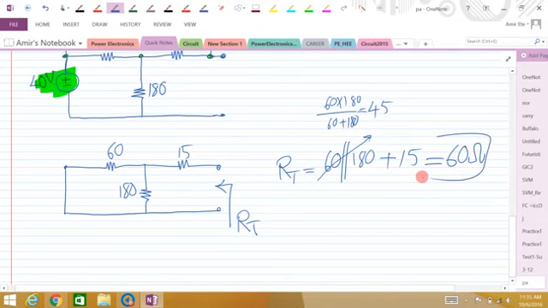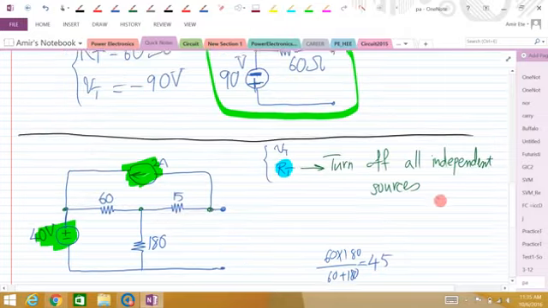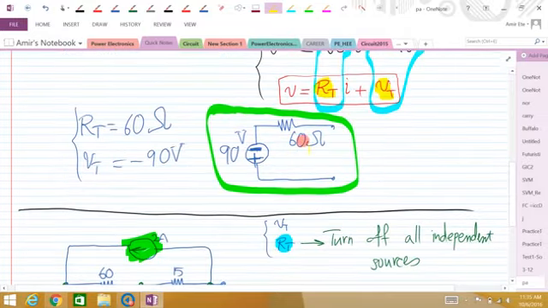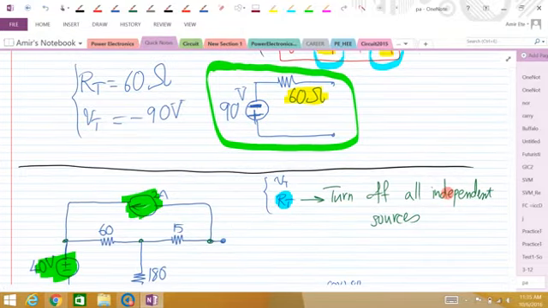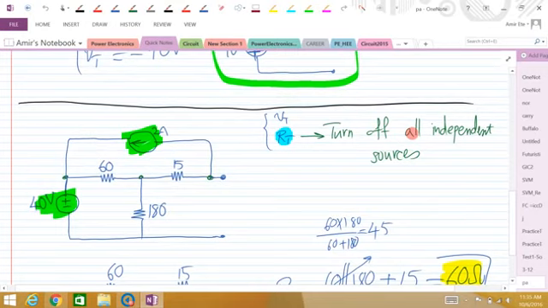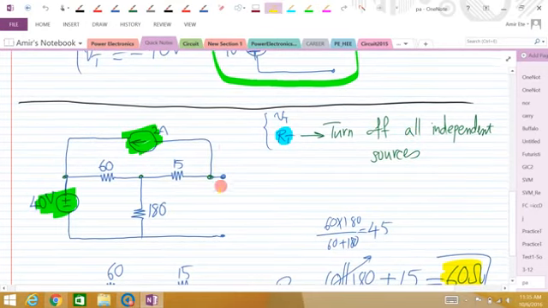So I could easily, in a simple step, find the Thevenin equivalent here. The Thevenin resistance is this, 60 ohms. And if you go back here using the other method, it's also 60 ohms. So the results agree. Now I need to find the Thevenin voltage. I can find it, for example, as the open circuit voltage here, and that completes the analysis.